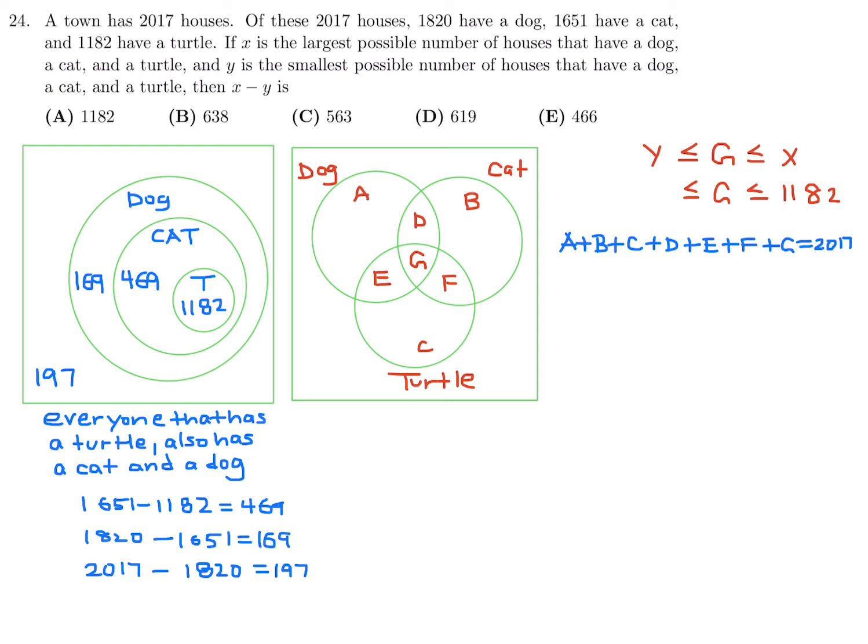And then we are told that A plus D plus E plus G, those are the dog people, is 1820. And then B plus D plus F plus G, those are the cat people, is 1651. And then the turtle people, which is 1182, would be E plus F plus G plus C.